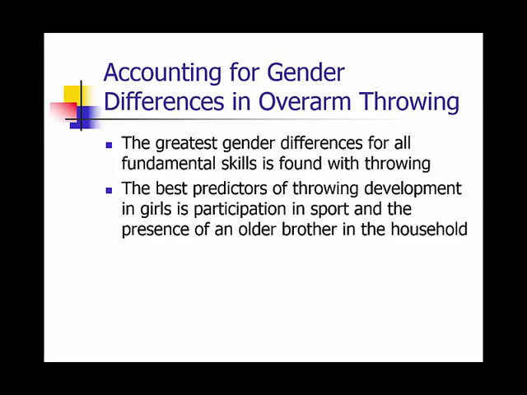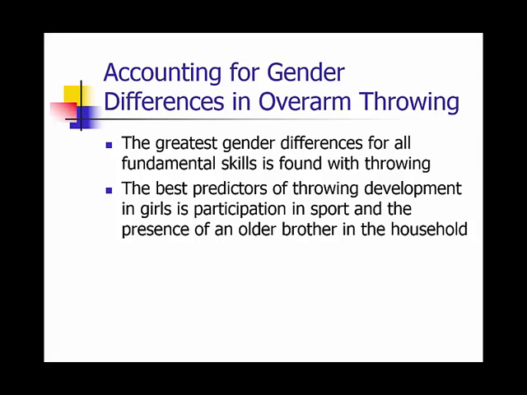What researchers have stated is that the best predictors of throwing development in girls appear to be participation in sports and the presence of an older brother in the household. So when those variables have been present, there's often been some kind of relationship between those things being present and girls showing more mature throwing patterns. I wonder if that relates to you.